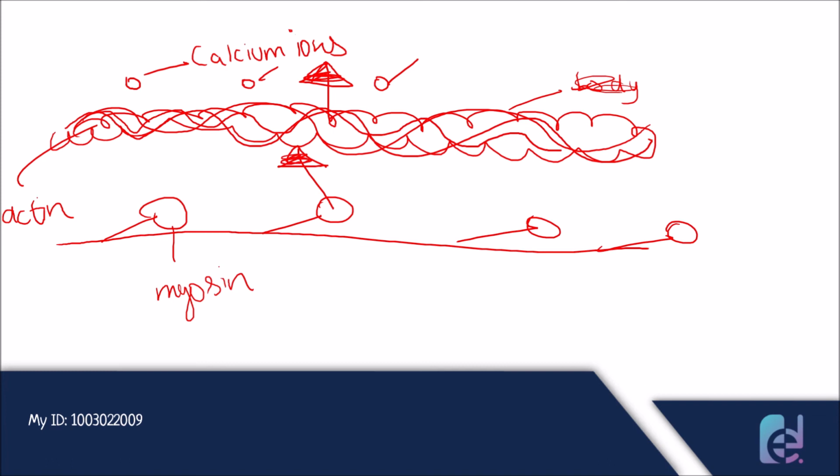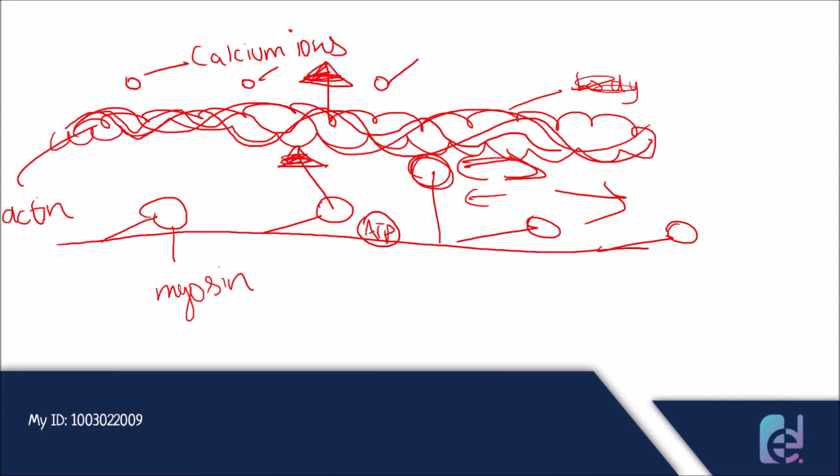So what will basically happen is the myosin will use ATP. ATP is the energy currency of the cell. It will use this energy and it will fling upwards and get attached to this actin, and it can move the actin in either way. It can go to the right or to the left, thus stretching or relaxing the muscle.